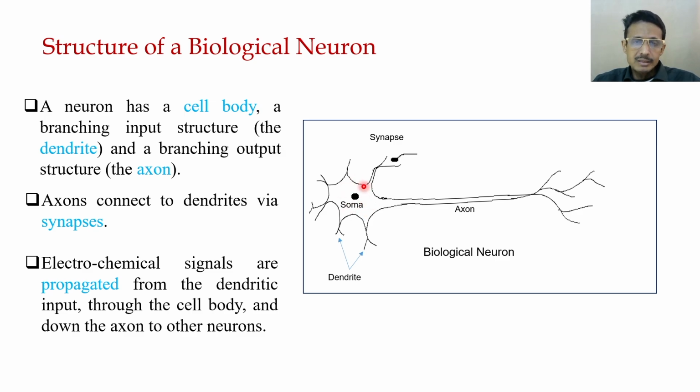Based on some thresholding or some logic, a signal is output to the next neuron, the neighbor's neuron, through the axon and these synaptic interfaces. So this is a very naive idea of biological neurons.